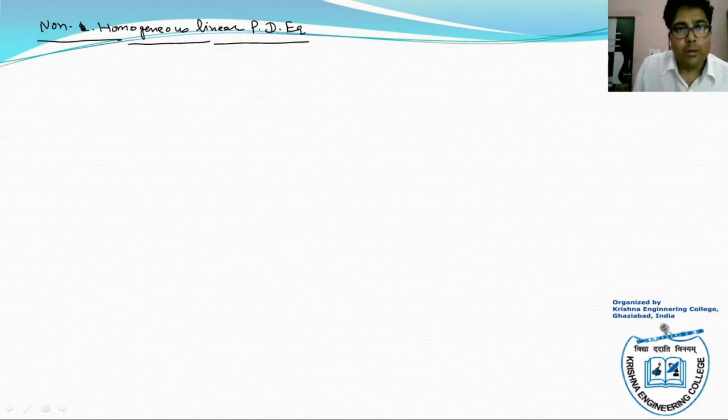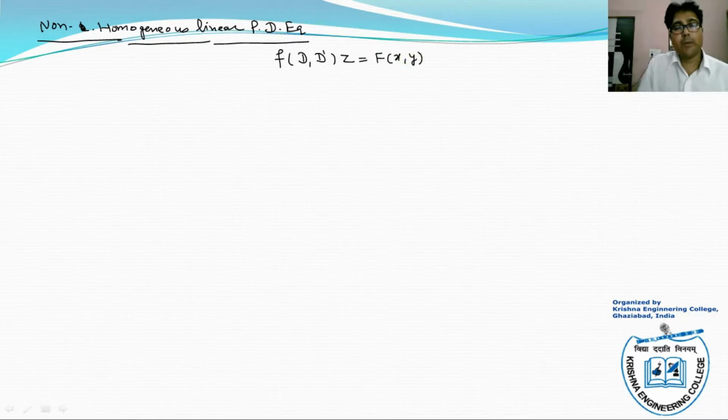Clear? General form of the linear differential equation with constant coefficient is f(D, D')z = f(x, y), where f(x, y) is any function of x and y. Clear?